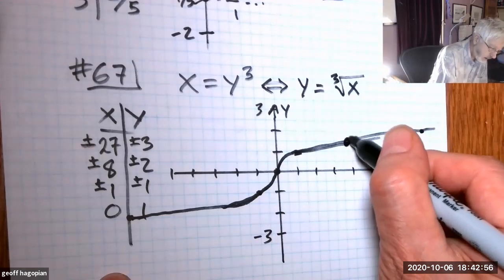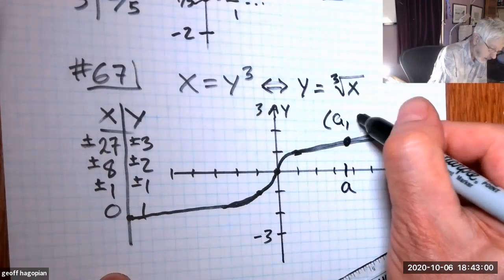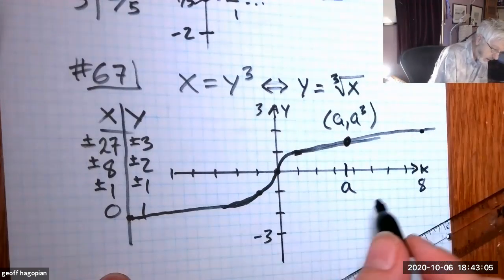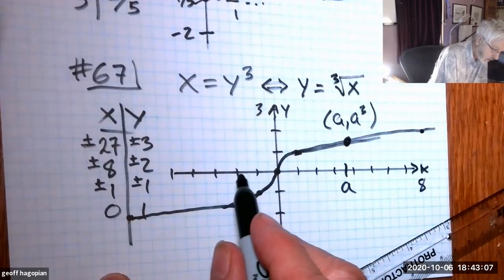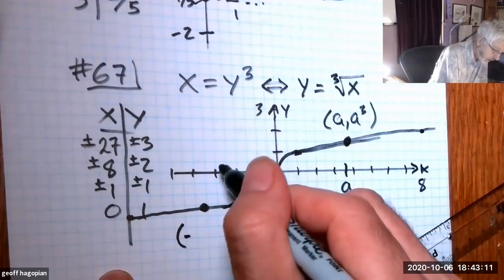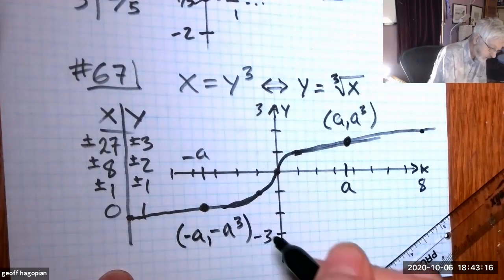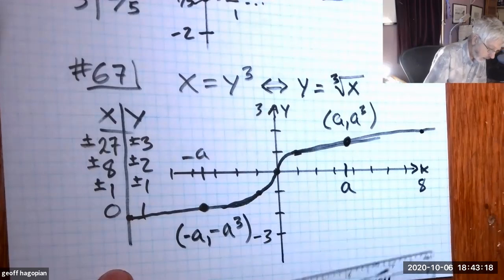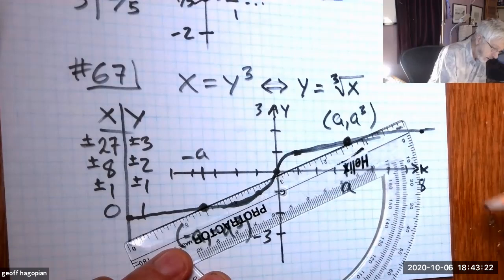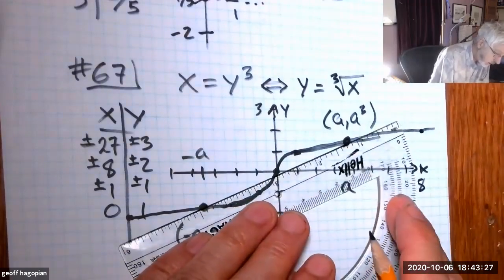For each point here, if the input is A, then the output is A cubed. Then we have its opposite over here: if the input is negative A, then the output is negative A cubed. If I connect the dots here, let me do it in pencil, you see a line through the origin.